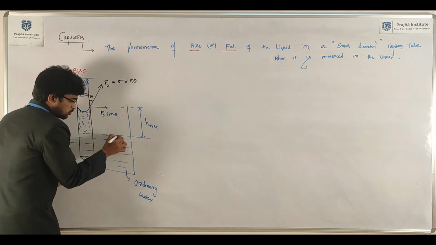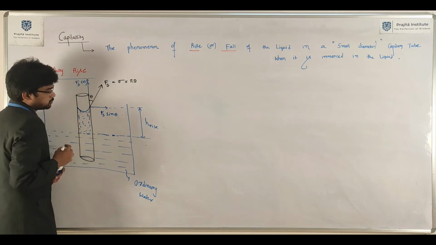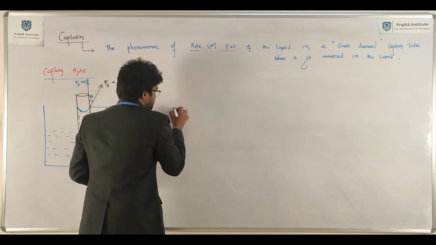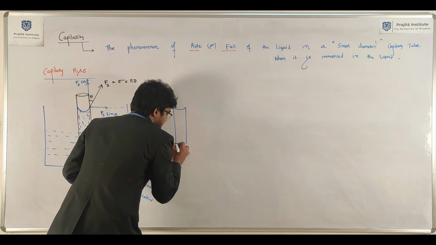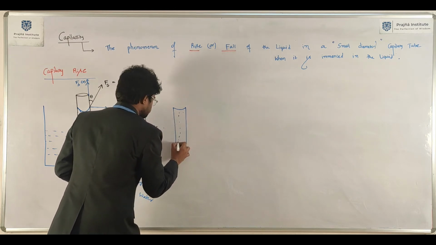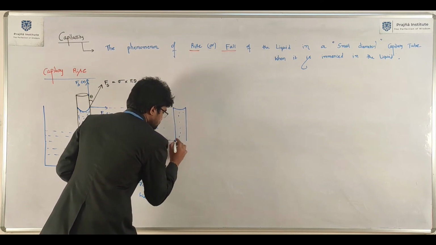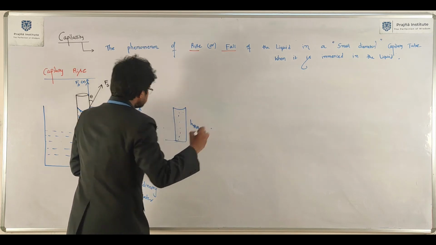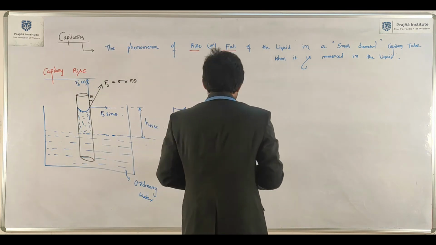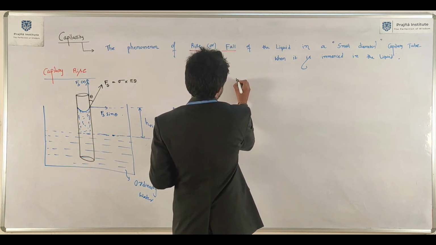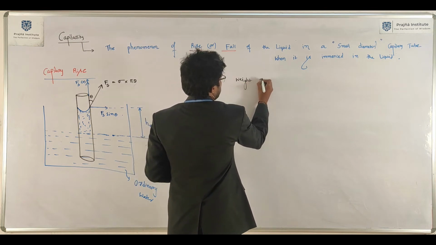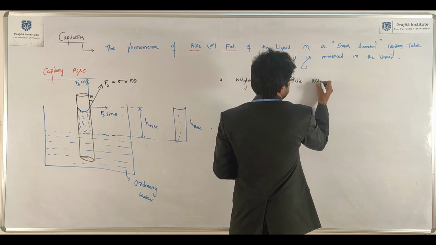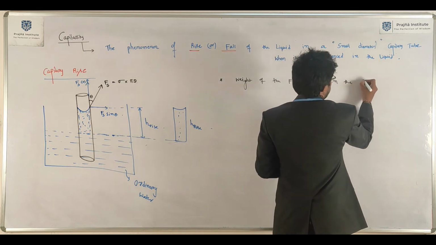Whatever fluid is present up to here, we need to determine. This is the weight of the fluid present inside the capillary tube, up to H rise. This is of course H rise. Tell me, the weight of the fluid raised in the capillary tube.